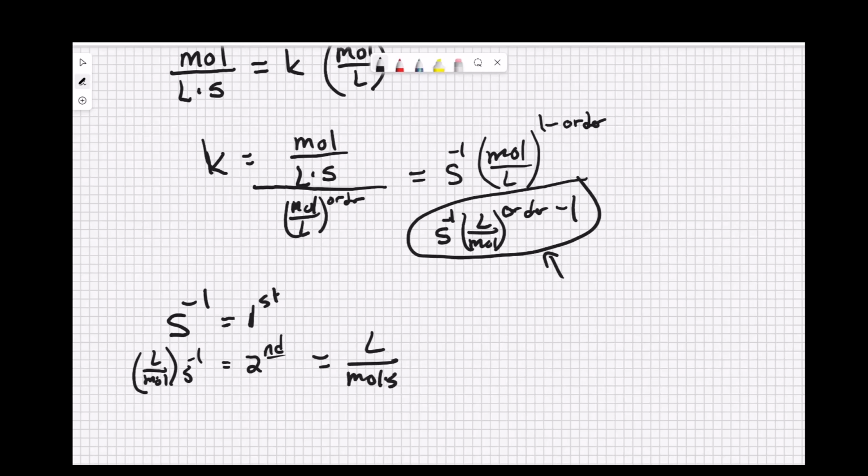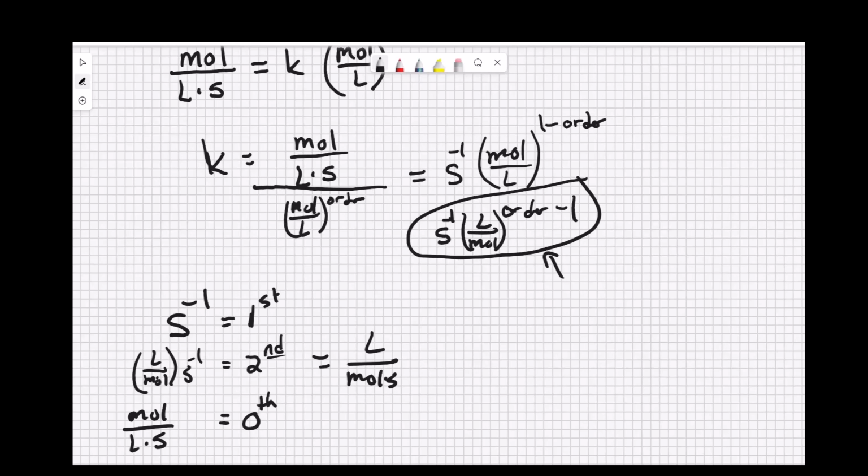And what would it be for 0th order? That's it. Mole per liter second. So that's two different ways you can determine the order of the reaction by looking at the data. We can plot the data itself if we have it, or we can look at the units of the rate constant. Either one will give us the order of the reaction.